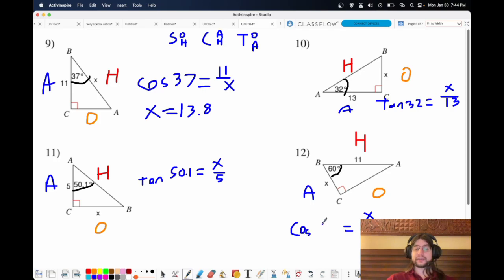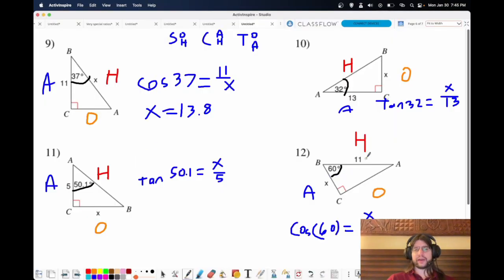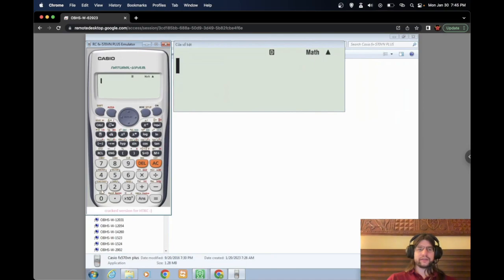Cosine of 60. There we go. Equals x over 11. So yeah, if you remember, we're going from the hypotenuse to the one across from 30. It's a 1, 2, square root of 3 triangle. So 11 divided by 2, it should be 5.5.